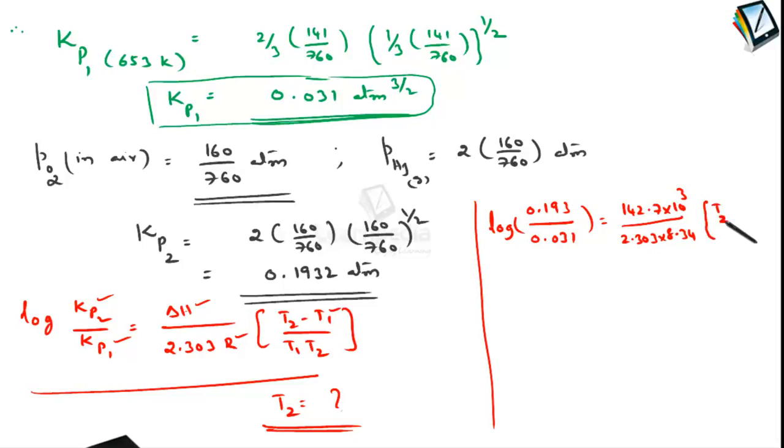T2 we need to find out, T1 is given as 653, by T2 into 653. Now we need to simplify this, which is tough. Then how to save the time without simplifying, can we work it out? So we need to check with the options given.